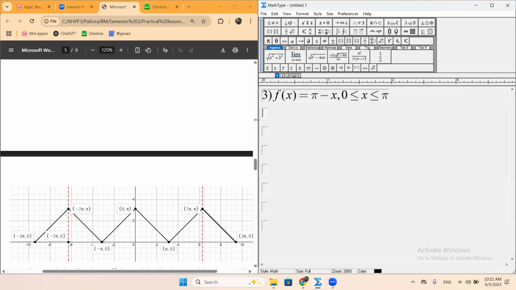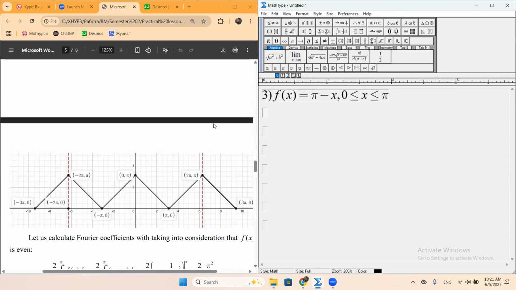So then how will we calculate the coefficients of the Fourier series? We will calculate only a0 and an, so bn will be equal to 0 because we expand in terms of cosines. We will calculate by the following formulas.